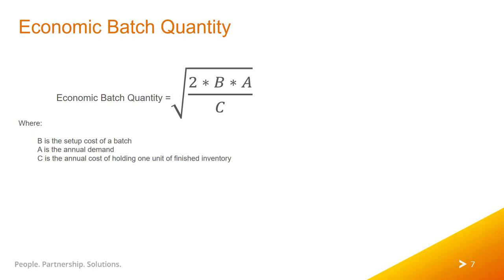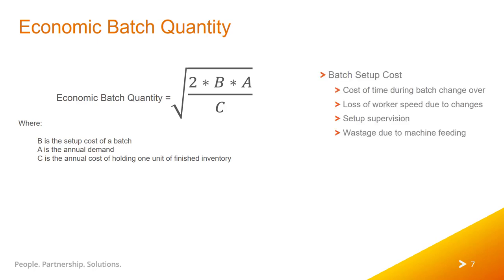And the equation is simply to look at the setup cost of a batch and multiply this by the annual demand, multiply it by 2, and divide it by the annual cost of holding 1 unit of finished inventory. And the square root of this sum is in fact the economic batch quantity.